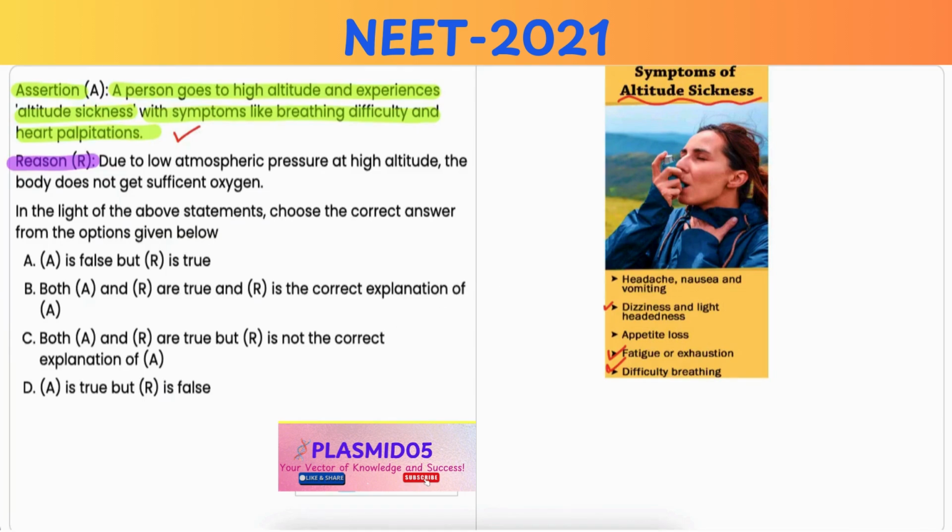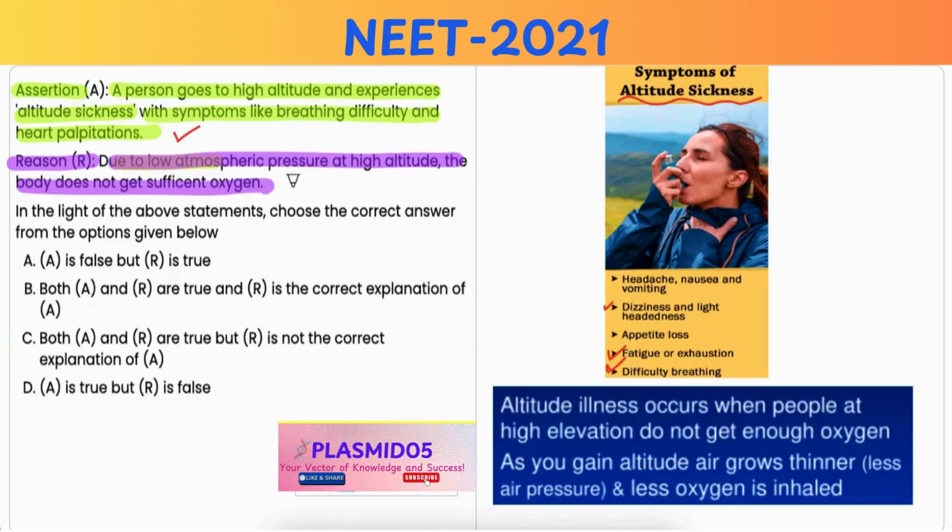The reason is that due to low atmospheric pressure at high altitude, the body does not get sufficient oxygen. Now, the reason is also true because at high altitudes, the atmospheric pressure decreases, which means there is less oxygen available in the air.